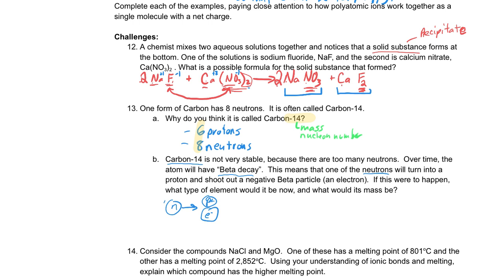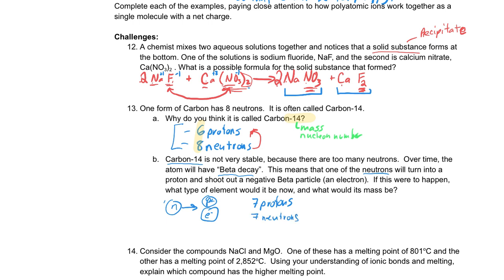But this is going to change my atom, right? Because I had 6 protons and 8 neutrons, but now one of those neutrons is turning into a proton. And so if that happens, I'm now going to have 7 protons, and I'm going to have 7 neutrons.